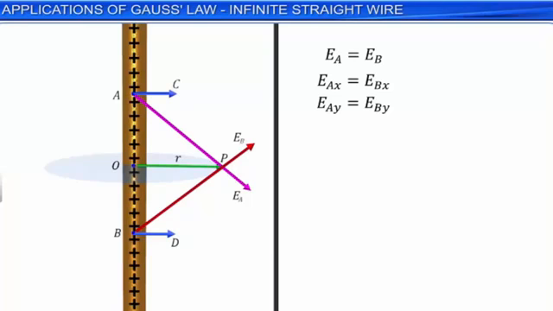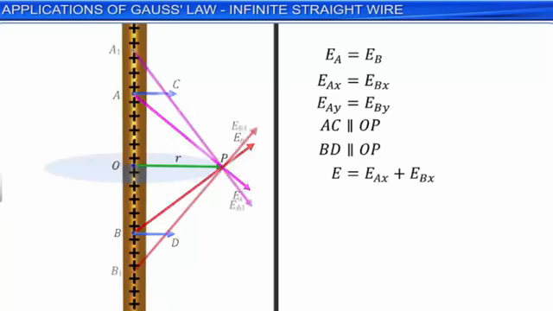Thus, the net electric field at P due to the elements at A and B is equal to the sum of their horizontal components and acts radially outward. This is true for any such pair of elements considered on either side of the element at O. Thus, the field at any point under consideration, like P, is radially outwards.